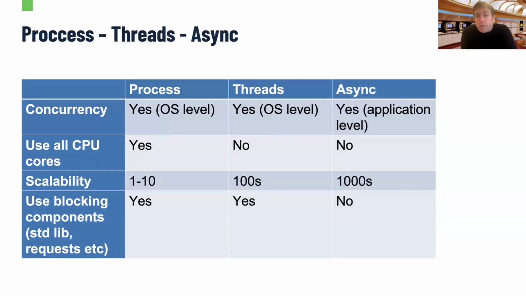And you can generally use the standard library blocking components and synchronization tools. Then if you need something a bit higher on scalability, you can use threads. You have a single process, and the GIL is protecting you from doing things between threads which touch memory in an intrusive way.